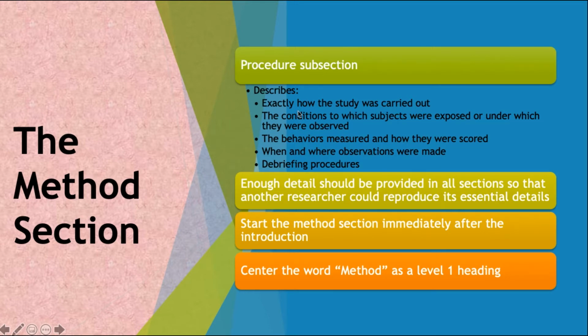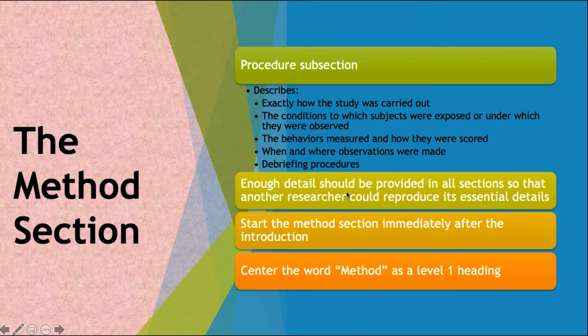The conditions to which subjects were exposed or under which they were observed, the behaviors measured and how they were scored, or the measurement of the variables, when and where observations were made, and debriefing procedures as we explained earlier.